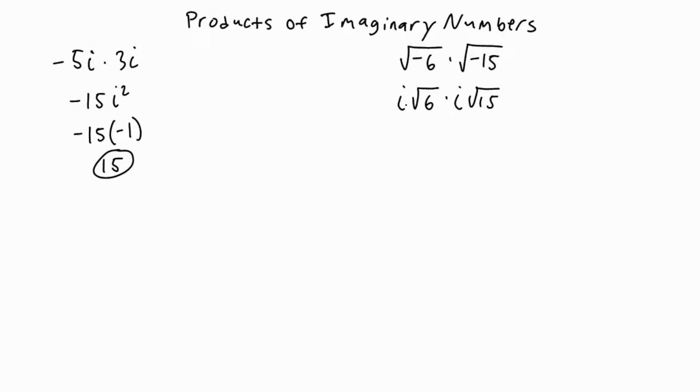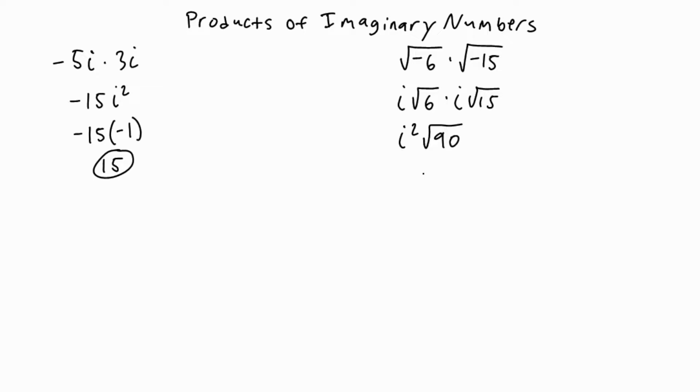And then i times i is i squared, and square root of 6 times square root of 15 is the square root of 90. And so what's a perfect square that you can divide out of 90?